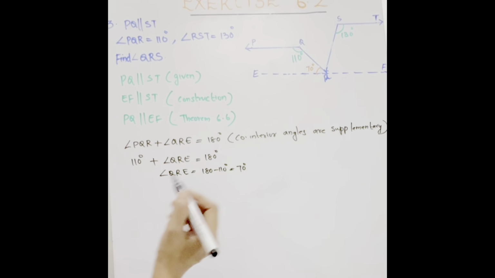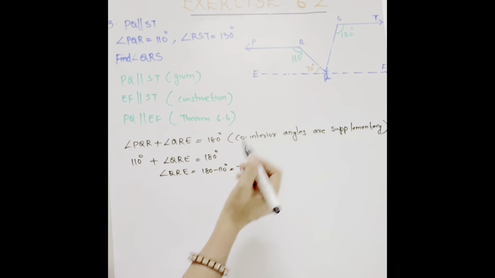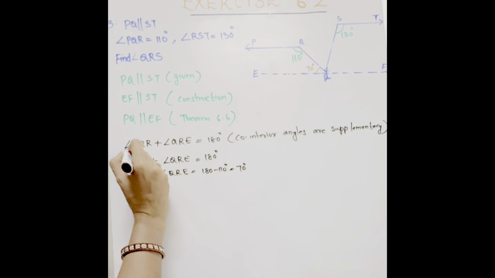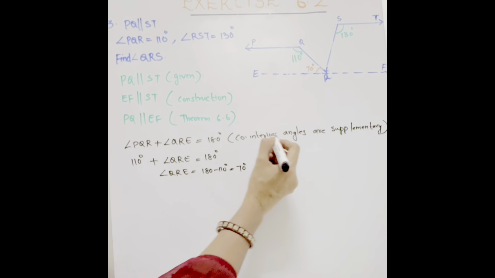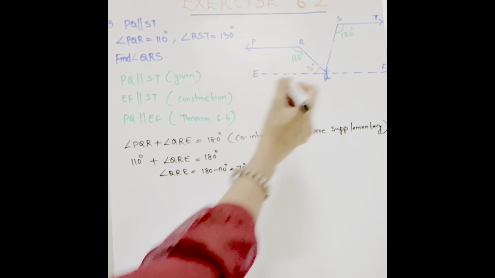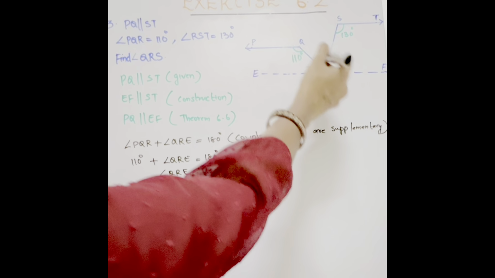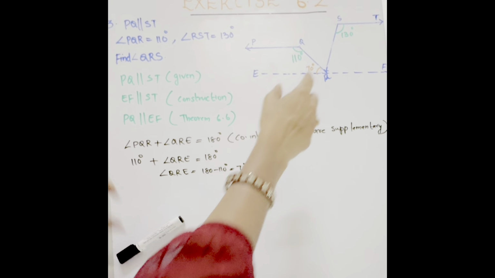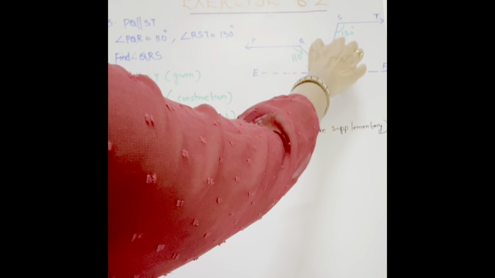So you can just write it down over there itself. No need to do this if you know that. But make sure you write this so that you state why we got this QRE as 70 degrees.